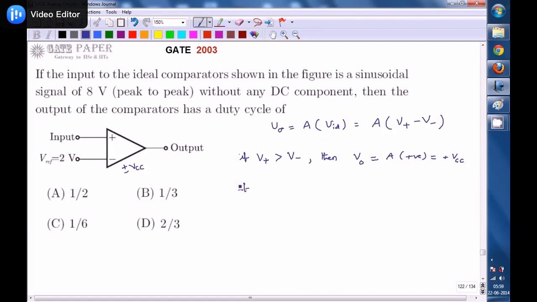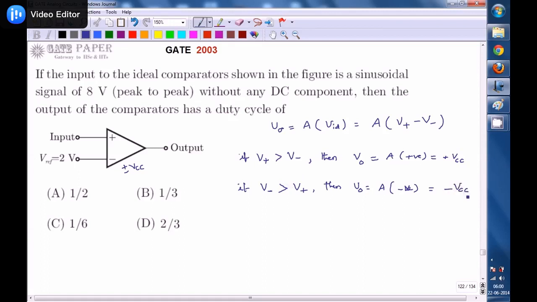Similarly, if V minus, that is voltage at inverting terminal, dominates over voltage at non-inverting terminal, then you get output voltage as a large open loop gain multiplied by negative value. This negative value into large open loop gain will give a large negative value that is going to be limited by the power supply minus VCC.